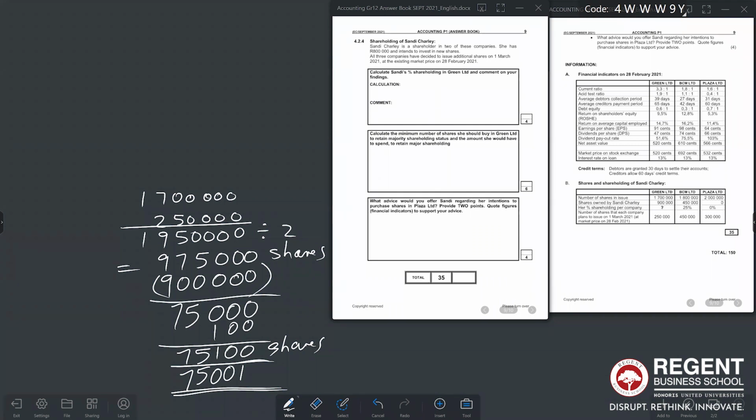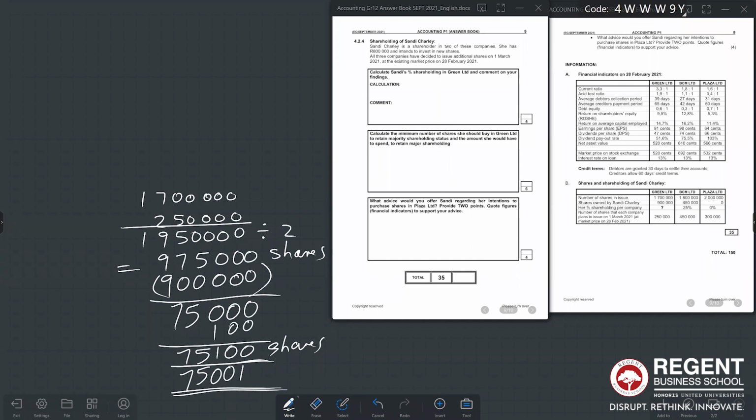But then they ask you how much money she needs to spend in order to buy. So if we're working on 75,100 shares, now what was the price of the share? The price of the share in the company was market price on the stock exchange, 520 cents.